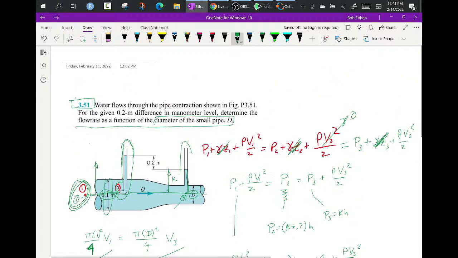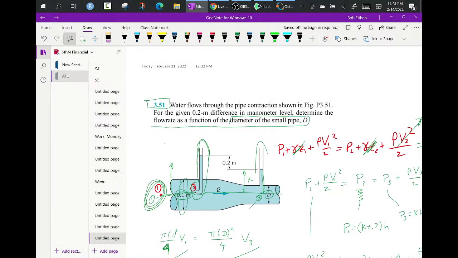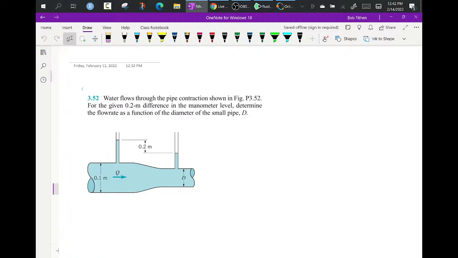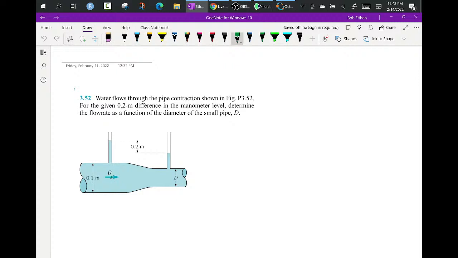Now, the reason I bring this one up is because in the next problem, this one makes better sense. So what I'll do is list this one real quick, and we'll make sense of this one. Here's location 1, location 2. Do the same thing. There's no third point here. Gamma h1 plus rho V1 squared over 2 is equal to P2 plus gamma h2 plus rho V2 squared over 2.